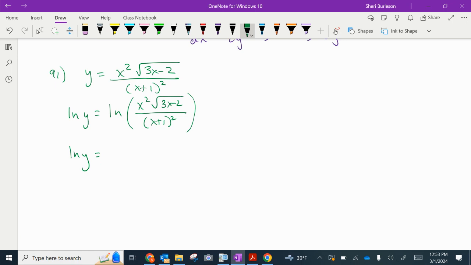Like recognizing the numerator is going to be addition with exponents and the denominator is going to be subtracted with an exponent. So I'm going to have 2 ln x plus 1/2 ln of 3x minus 2 minus 2 ln of x plus 1.